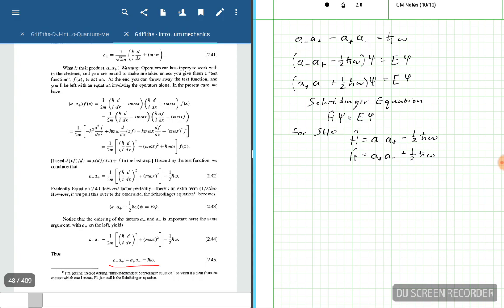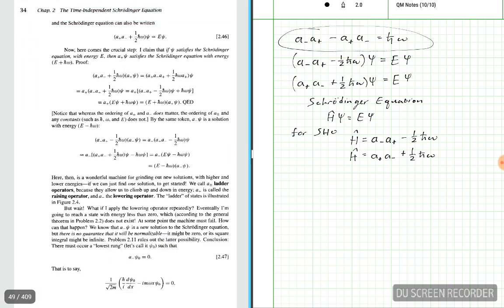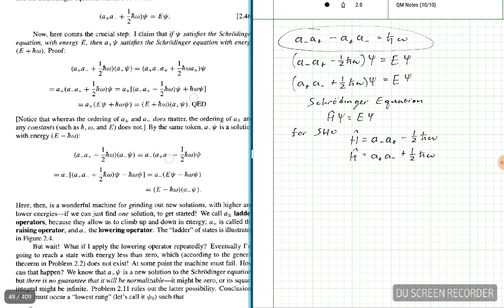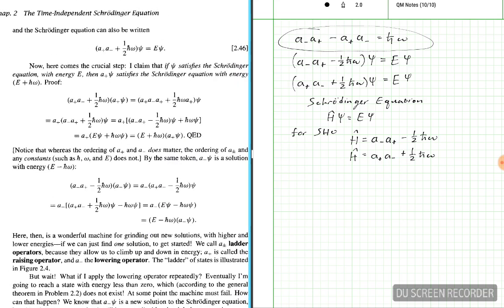So two ways of looking at the Hamiltonian. Those are equivalent according to this equation up here. So two ways of doing the same thing, and we can choose how to approach it out of convenience. You will see in a moment why I called them a ladder operator.